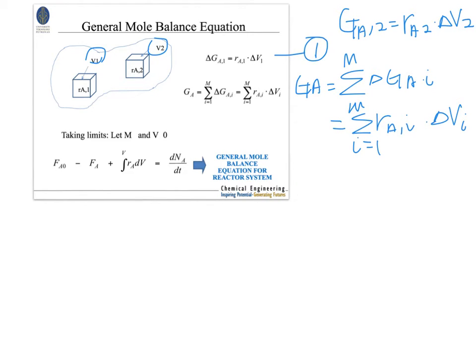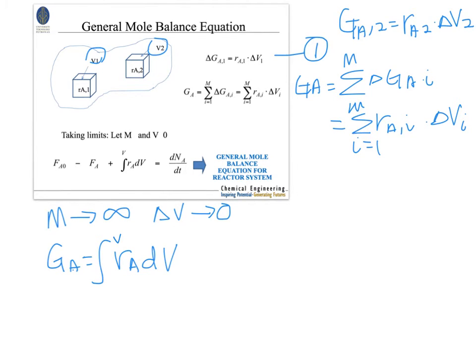Okay, so taking the limit as m approaches infinity and delta V approaches 0, GA will be equal to the integral of RA dV. So when the number of small system volumes is increasing, reaching infinity, the change in volume will be so small that we can consider the change to be approaching 0.